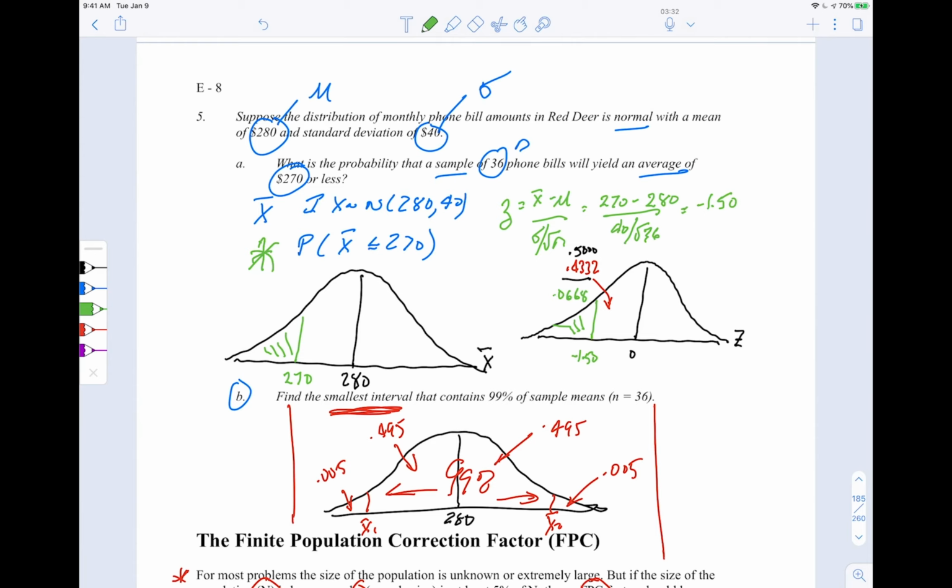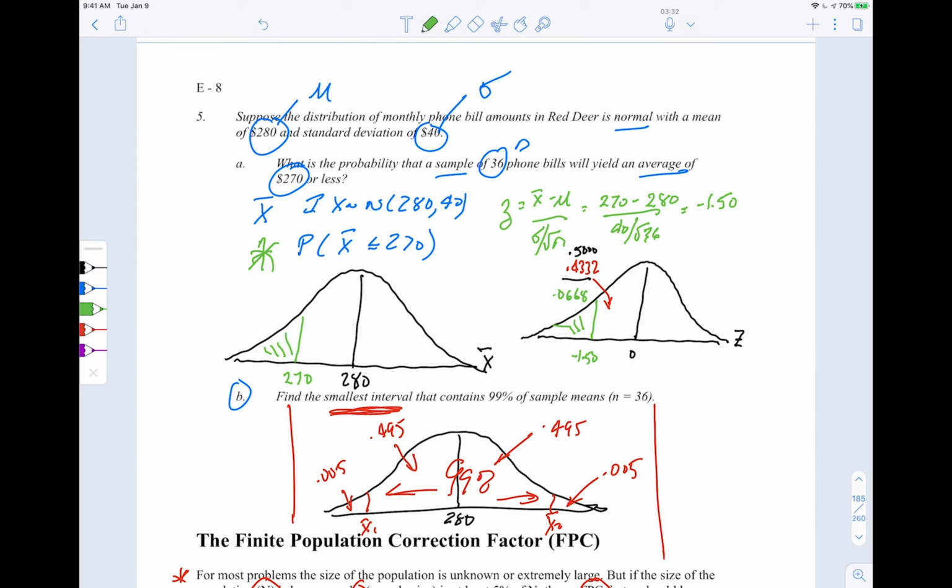So that is looking for an area from some point down. That means that if we're looking for an area or a probability, that is a DIST function, not an inverse function, but a DIST function. And if it's from some point down, it'll be a norm.dist function.